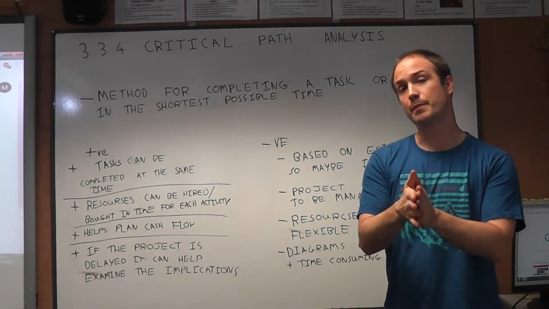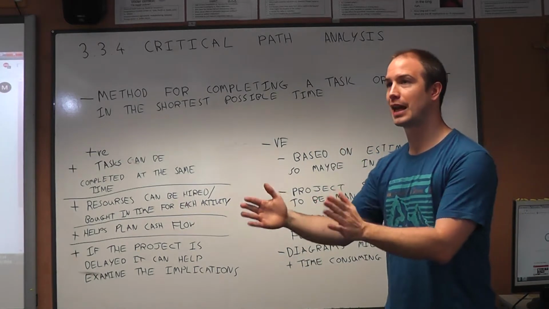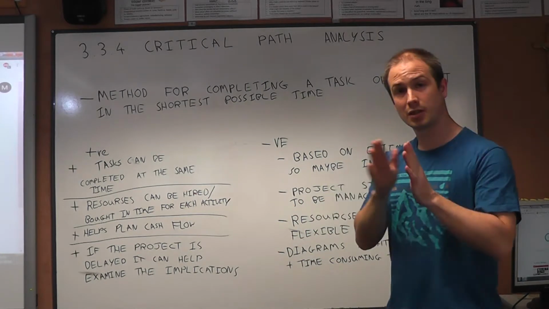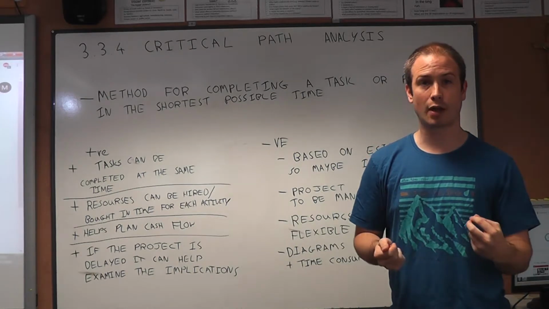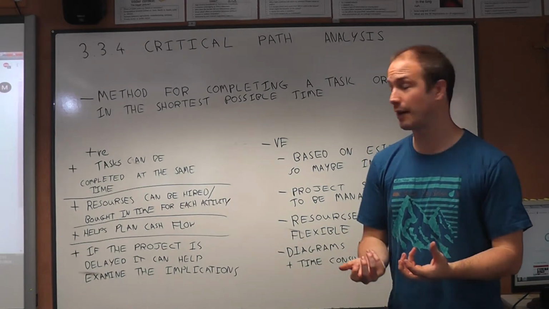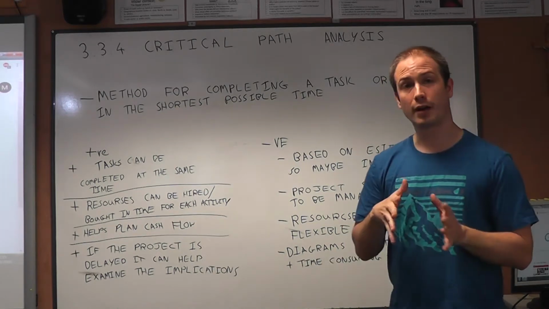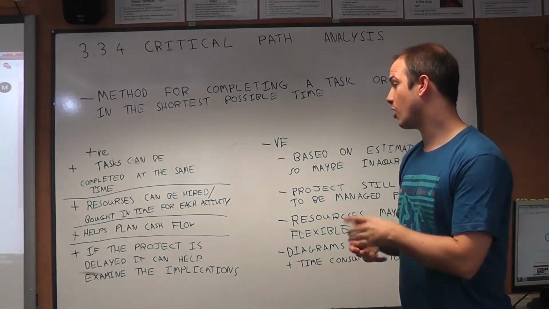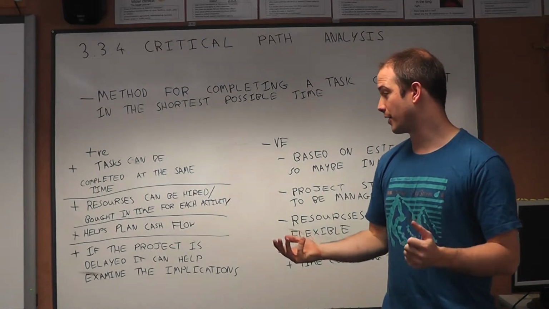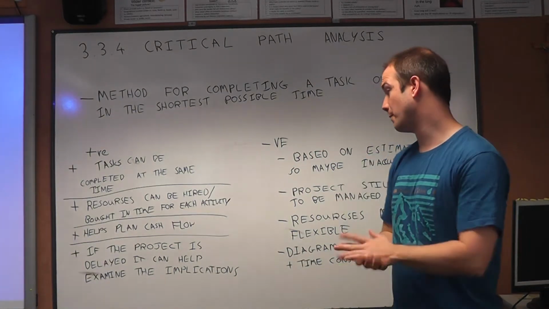If you know that certain payments have to be made for your project at different times, it means that you can consider that when your inflows are coming in and make sure that as a business you're not going into an overdraft or having to find finance in a different way. So there are a lot of close links between critical path analysis and cash flow.